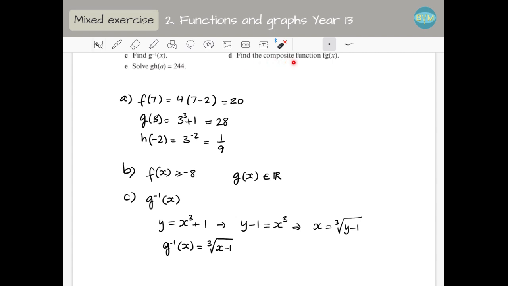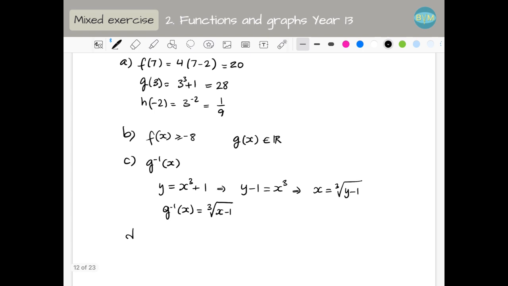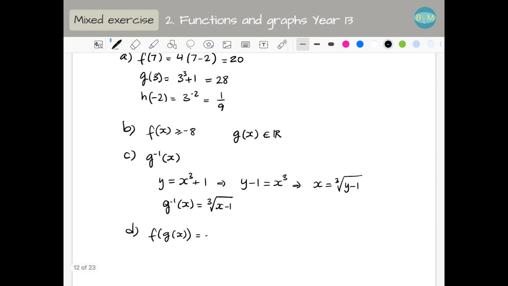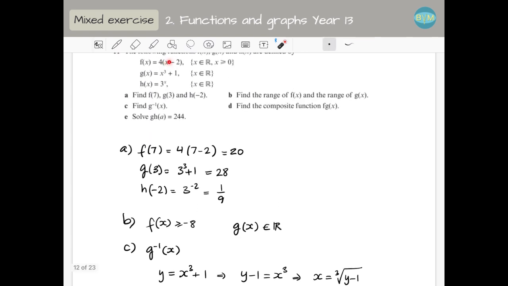Then for d, find the composite function f(g(x)). For f(g(x)), I'm always going to do first the g, so the closest to the variable, and then I'm going to apply f to this. g(x) is x cubed plus 1, so I'm going to do f of x cubed plus 1. f is this function here, but instead of writing x, I'm going to write x cubed plus 1.